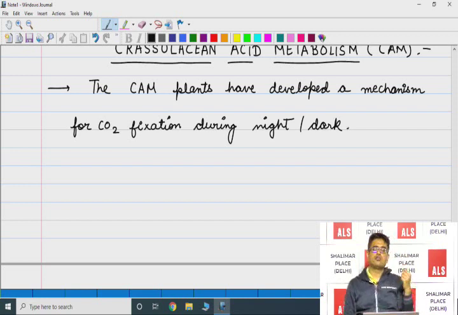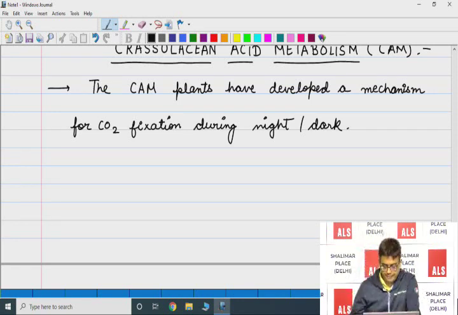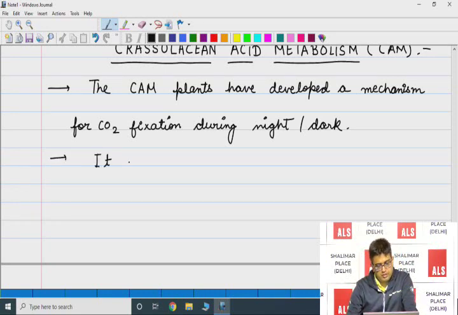Normally, when is CO2 fixed? It is fixed in the daytime. But in these plants, the carbon dioxide is fixed during the night time. It operates in succulent plants.